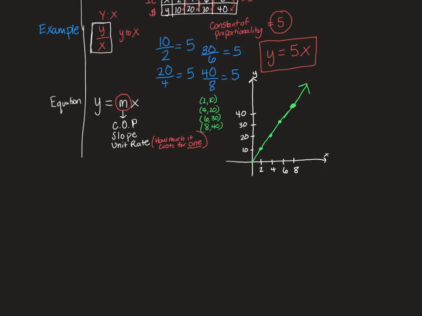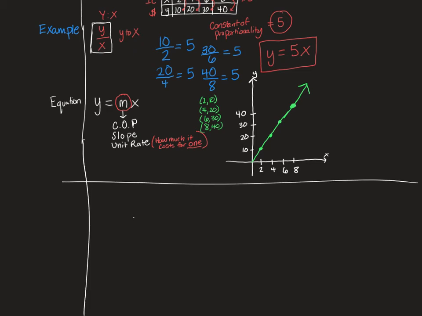All right, so I'm going to give you guys one more example, and then we're going to move on to some practice questions. So it's the same type of question. Tell me if this table is proportional. So let's write one more table. You guys are going to get really quick at writing these tables. So we have our X and our Y values.